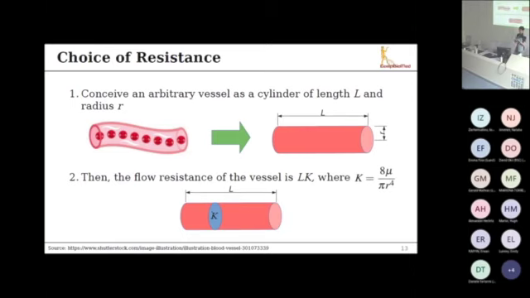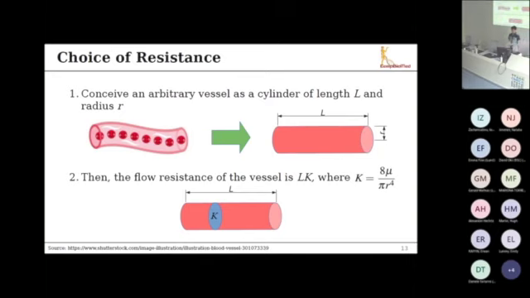We just know that the resistance should be high enough, but how large should it be? First, for an arbitrary vessel, we can conceive it as a cylinder of length L and radius R, such that the flow resistance is the same.